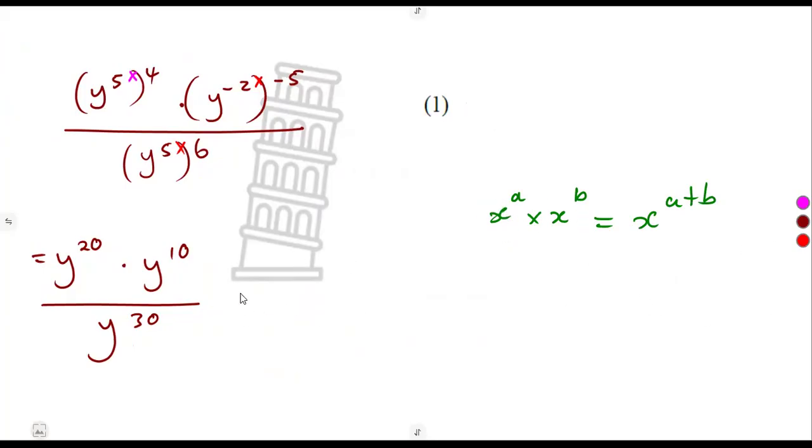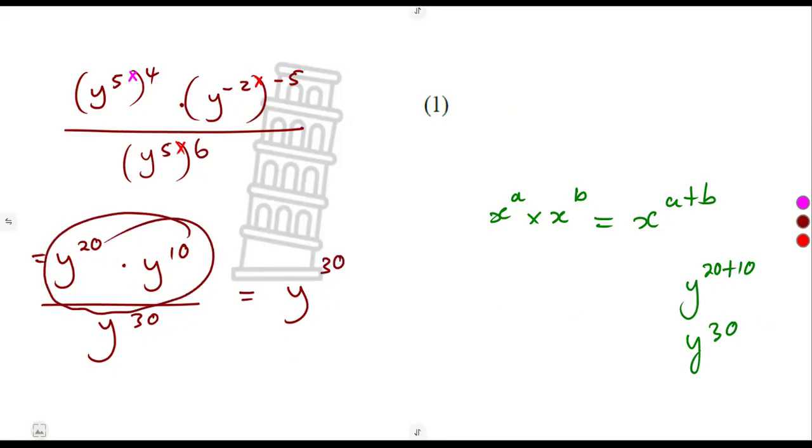So this was going to happen. We're going to add our exponents. In this case, we are talking about what? A 20 and a 10. We add these together. So it was going to be y to the exponent of 20 plus 10, which is y to the exponent of 30. So we are going to have y to the exponent of 30 from the numerator.